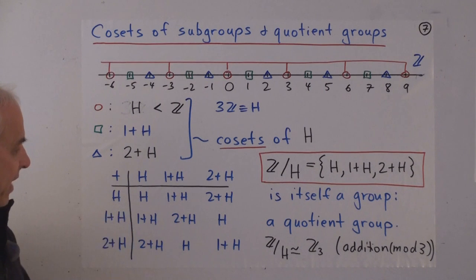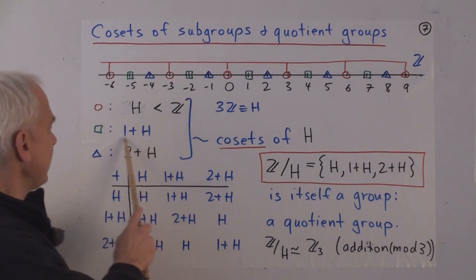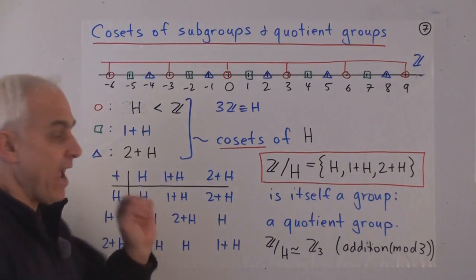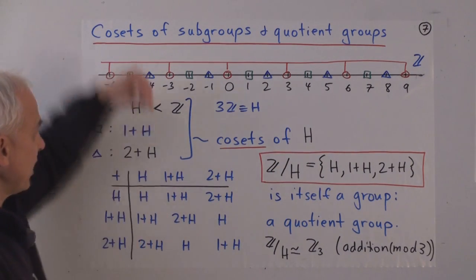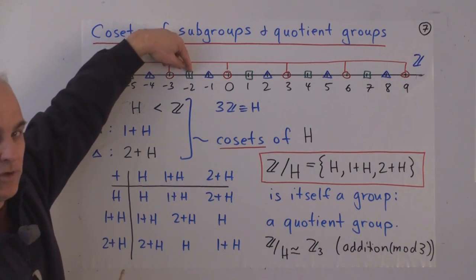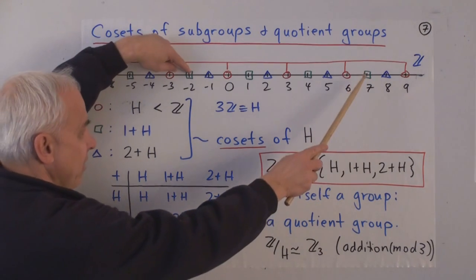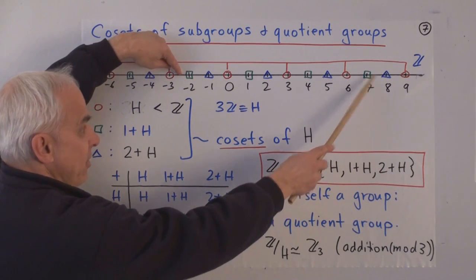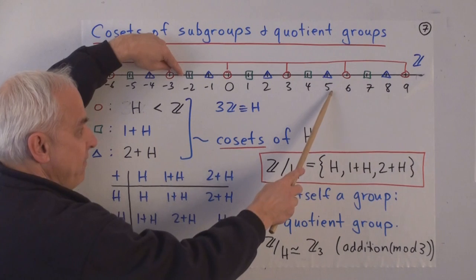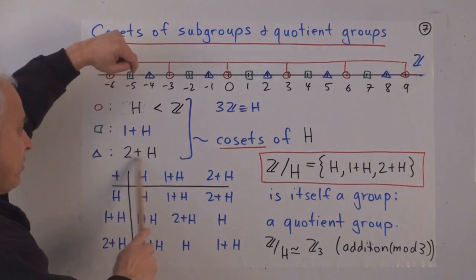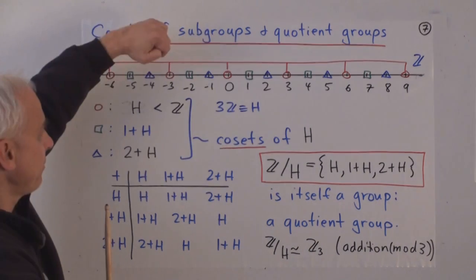Well, one way of interpreting that is to say, where's 1 plus H? That's the green one. If I take any element of the green coset, let's say minus 2, and I add it to any other element of the green coset, let's say 7, I add minus 2 and 7 in the big group, I get 5. I end up in the blue coset, which we call 2 plus H.